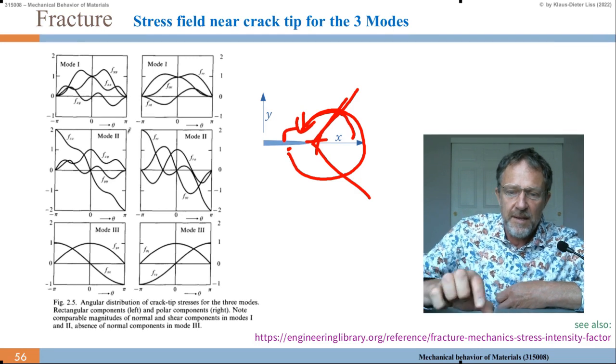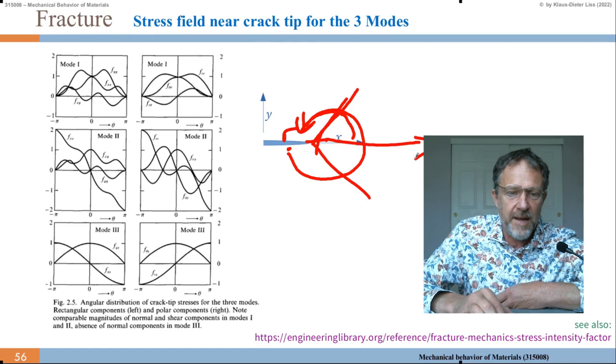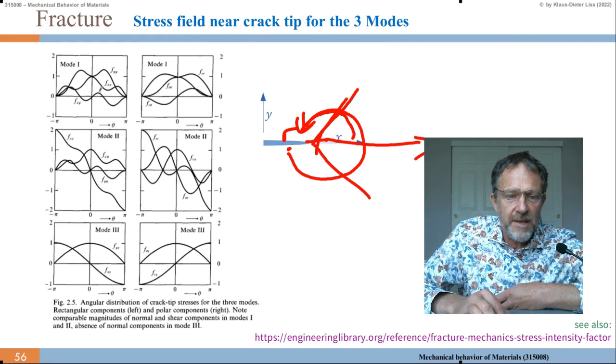Fxx is maximum in the forward direction, so in the crack propagation direction. And the shear stresses here, they are asymmetric.